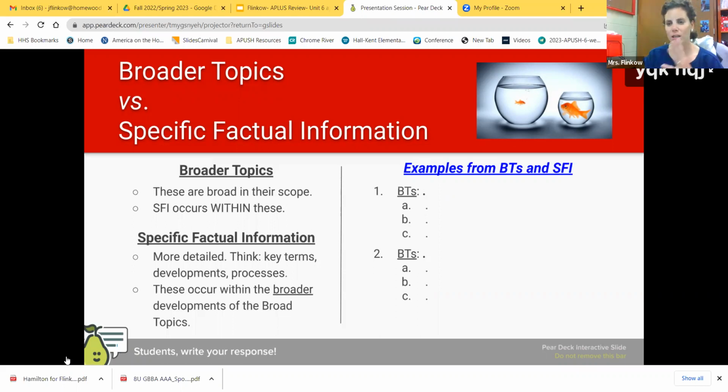You're thinking of those big topics first, and then below that, you're going to think about the specific factual information, what goes within each of those. Your SFI, we're going to say that a lot. SFI stands for specific factual information. Your SFI is going to fit within your broad topics.